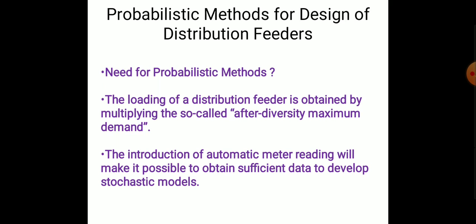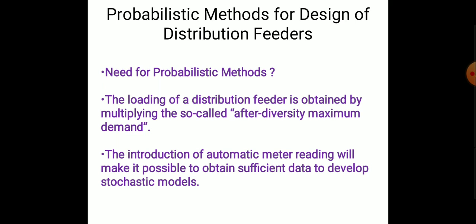The loading of a distribution feeder is obtained by multiplying the after diversity maximum demand, which is the demand per customer, with the number of customers. The after diversity maximum demand is the demand per customer that, with high probability, will not be exceeded. So the stochastic method is used to determine the demand per customer.